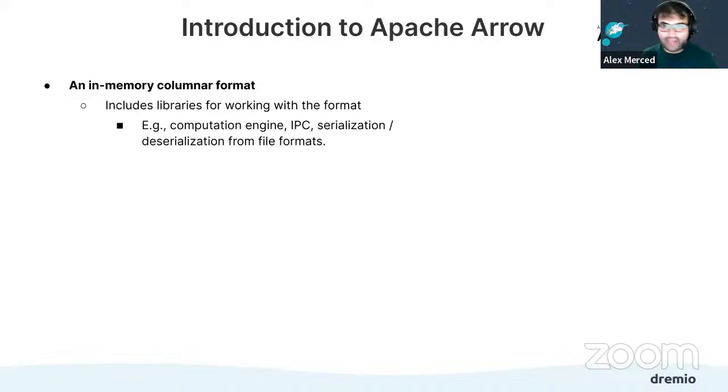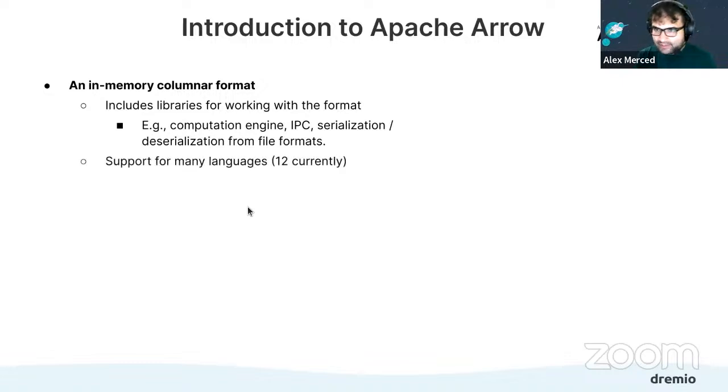So if you're doing a JavaScript project, you can just use the Arrow JavaScript libraries. If you're working in Go, you can use the Go Arrow libraries. If you're working in Rust, you can use the Rust Arrow libraries, or Java, and so forth. So this way you can benefit from that standard format, but you don't have to reinvent the wheel. The libraries are there, you just use them.